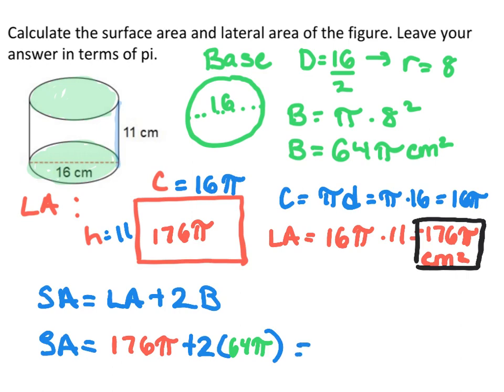So if I simplify that, the 2 times 64 pi gives me 128 pi, so I get 176 pi plus 128 pi. And if I combine the 128 with the 176, I get a final answer of 304 pi centimeters squared.